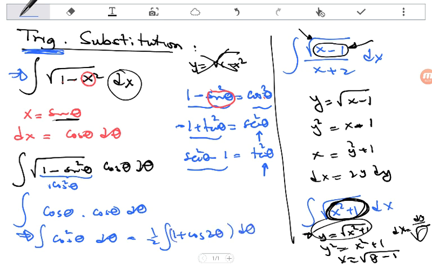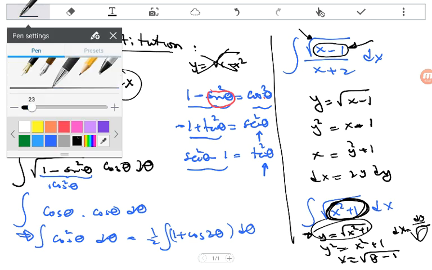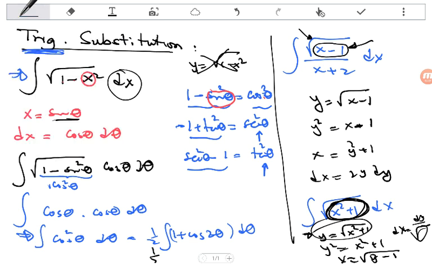The result of the integral will be half theta plus sine 2 theta over 2, all plus c. Now we have solved the integral. This is theta, not x, because we are integrating with respect to theta. Now this is the result of the integral.